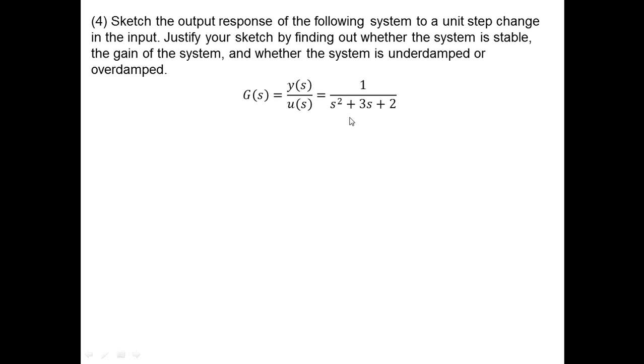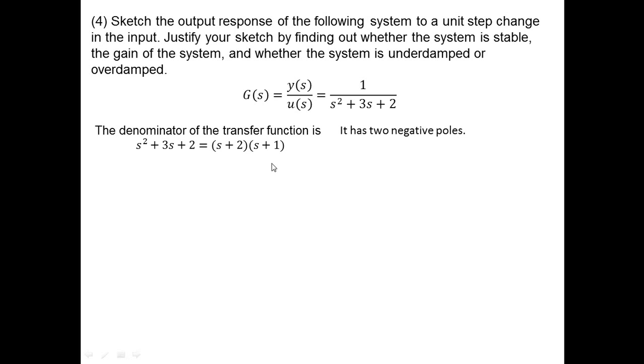In order to see if the system is stable or not, we need to look at the roots, or the poles, of the characteristic equation. By finding the poles of the characteristic equation, we see we have two simple roots, s plus 2 and s plus 1, both of which are negative and in the left hand side of the complex plane.